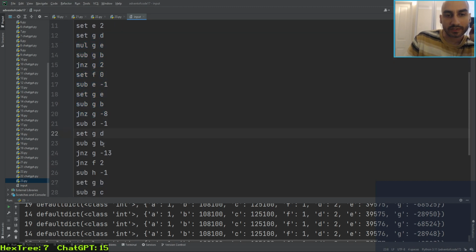So if D is ever equal to B, what's this saying? We decrease D. If D equals B, we carry on.